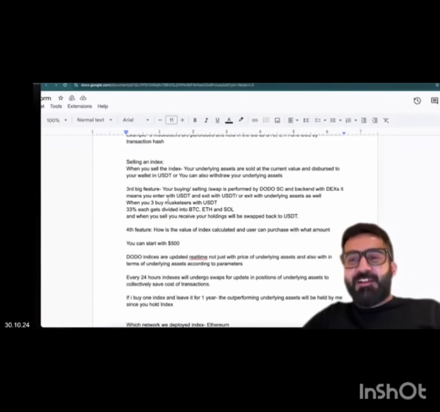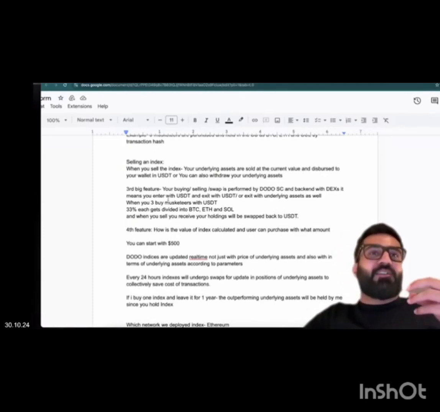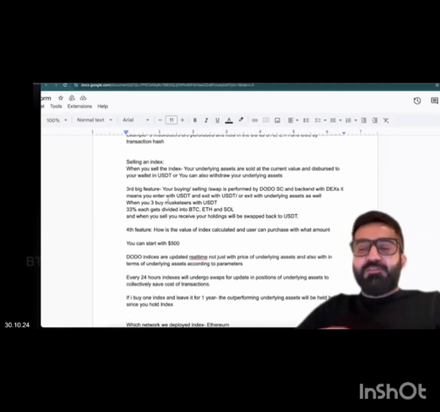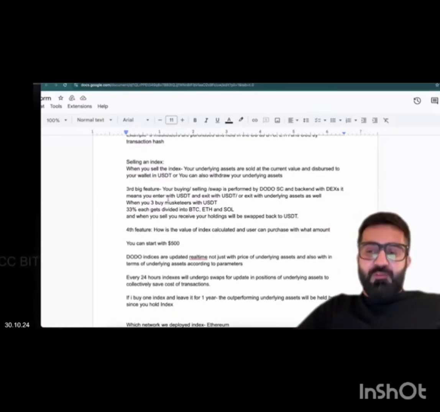There will be some fast moving projects where you can literally go from $500 to $50, or you can go from $500 to $50,000. So that kind of indices will also be there. So you will get a variety of different indices. There will be 20 best indices at the beginning, and then we will continue to increase.